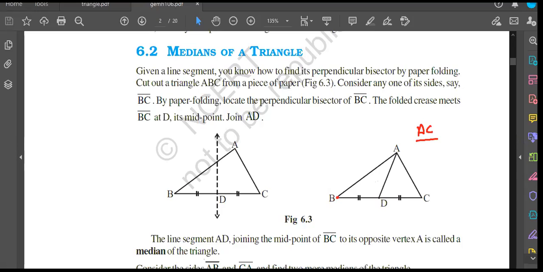You cannot represent any line with one point. You have to represent a line, either AC or AB, with two points. So if you draw a line which intersects AC in such a way that it bisects the line, meaning it cuts it into two equal parts, then this red line is called a median.